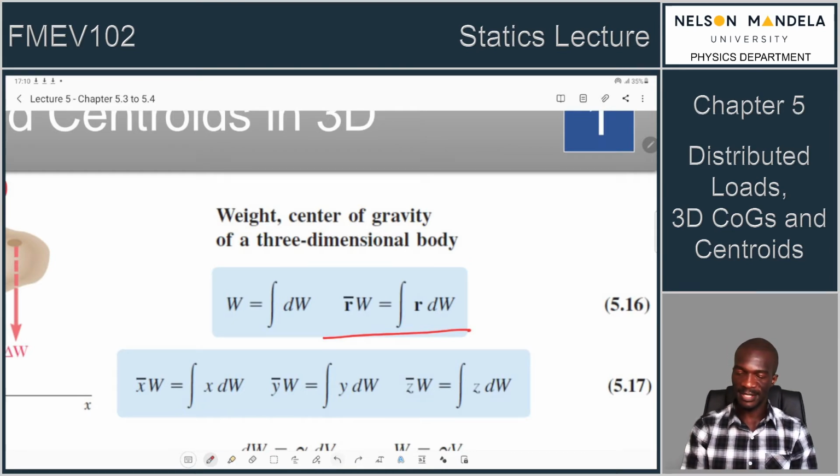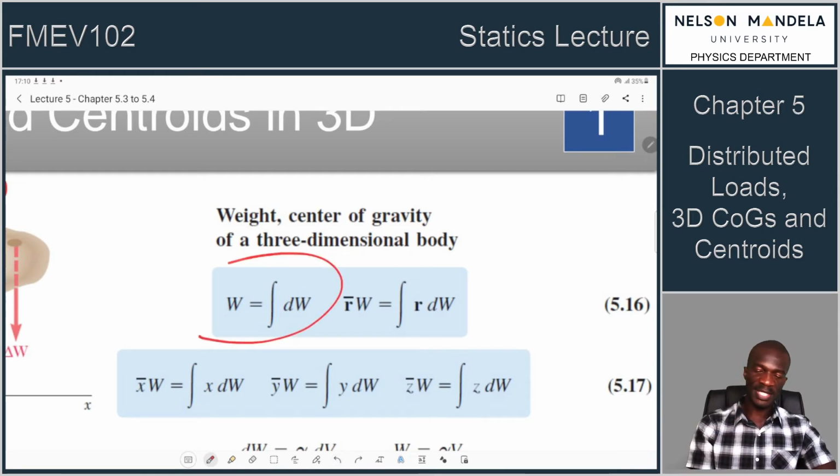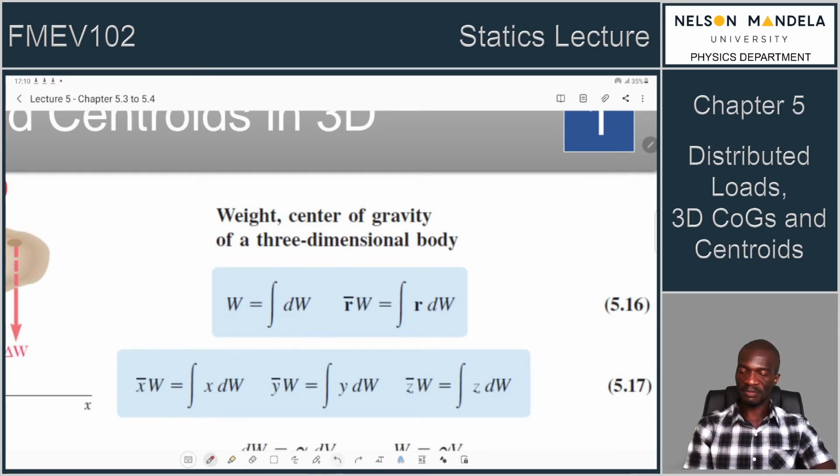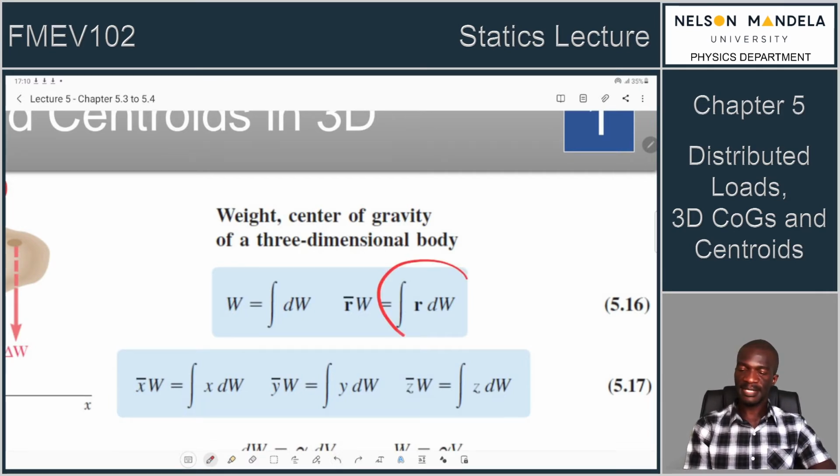This is the Grail. This is what we're actually studying this module for. So we want to find the center of gravity of a three-dimensional body, so we can now use our integral methods. This was defined all along, so we still remember that, I hope. Then from what we've derived earlier, we know that we can find the center of gravity R bar by just summing up or integrating the R function with respect to the weight.